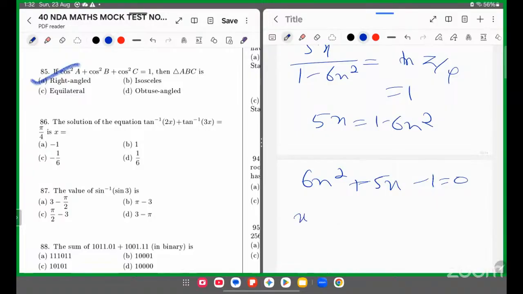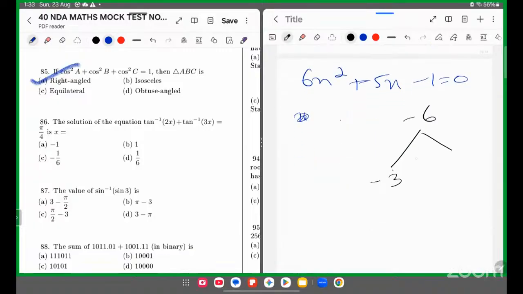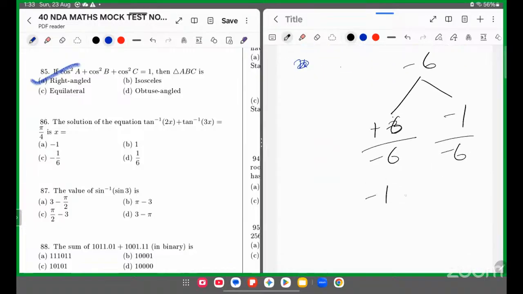So x can be found by solving this. It can be written as plus 6 and minus 1, so 6 by minus 6 and minus 1 by minus 6, which becomes plus 1 by 6.